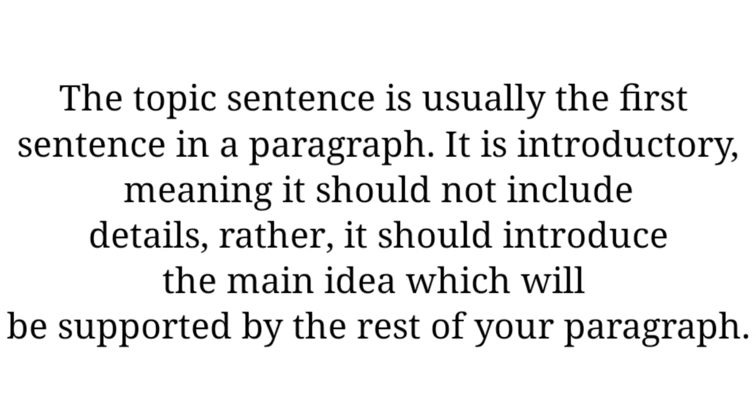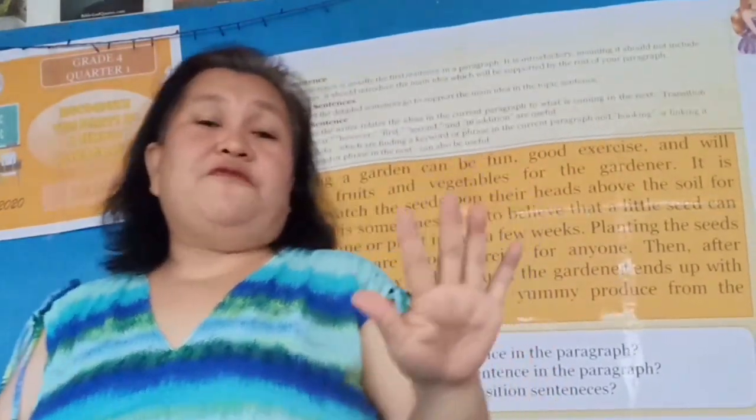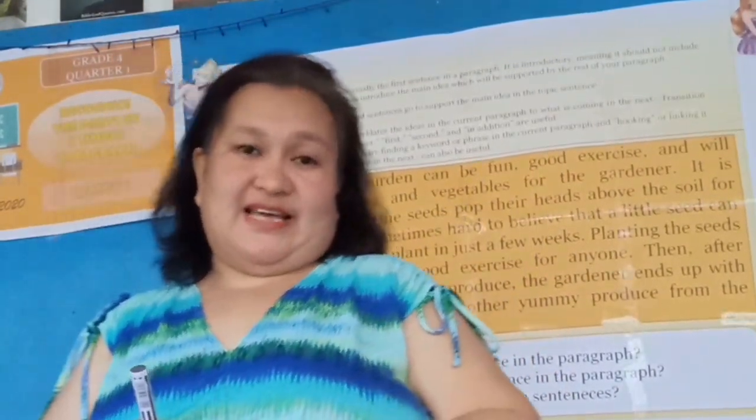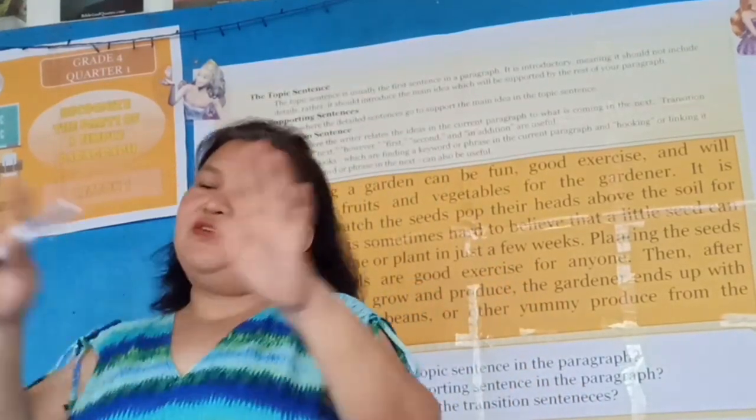It is introductory, meaning it should not include details, rather it should introduce the main idea which will be supported by the rest of your paragraph. So if you have, for example, 5 or 6 sentences in your paragraph, the first sentence will tell everything about it.